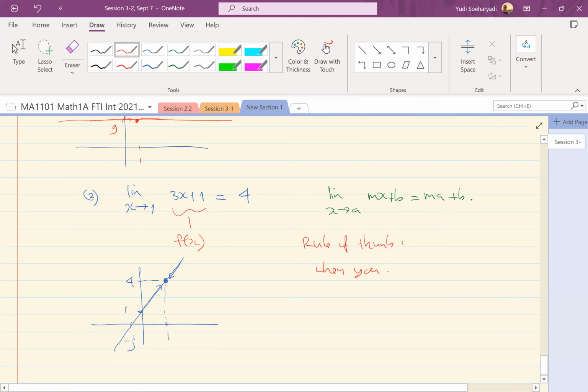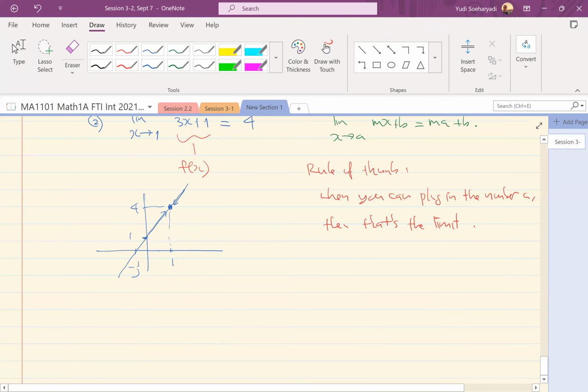When you can plug in the number, then that's the limit. Okay, here you can plug in the number 1, and when you get the number, that's the limit.